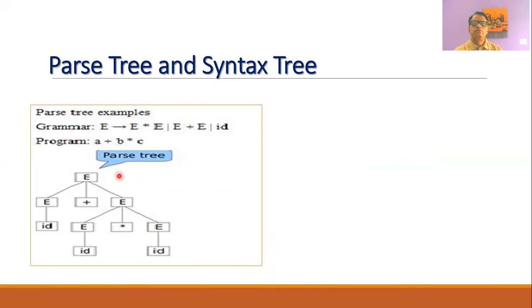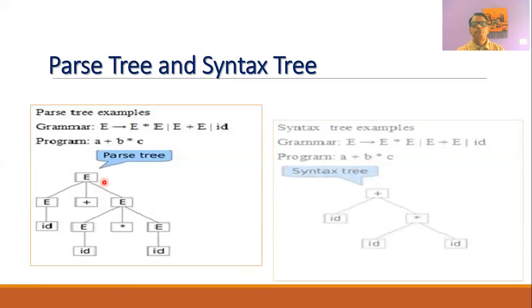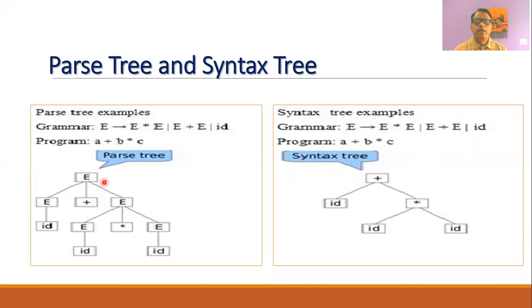In this parse tree, one can easily see that we have non-terminal symbols as the nodes of the tree structure, while we can construct the syntax tree as shown in this example. Suppose we have the same grammar, E is defined as E star E, E plus E, or ID.